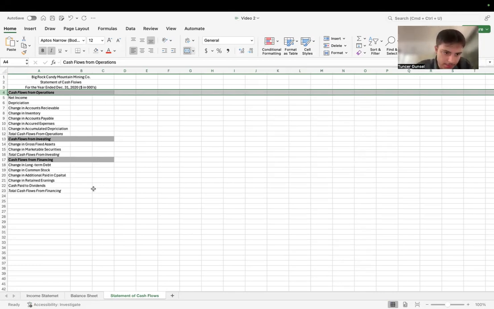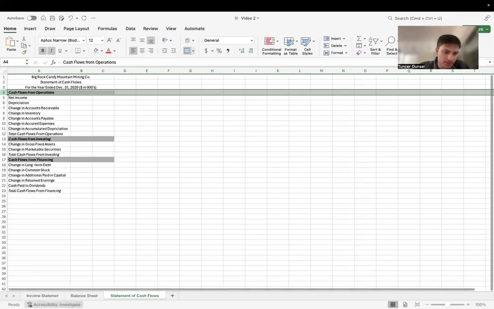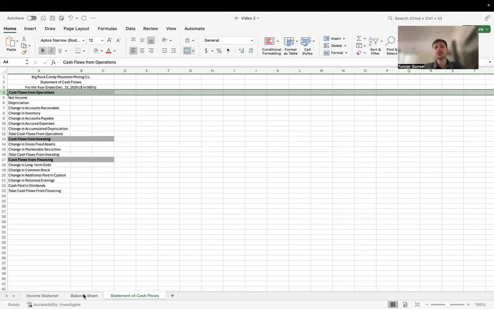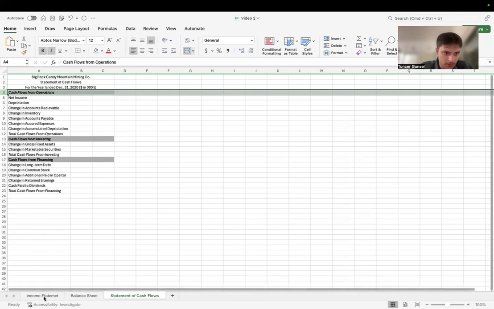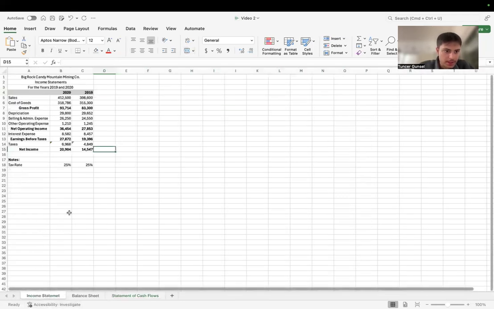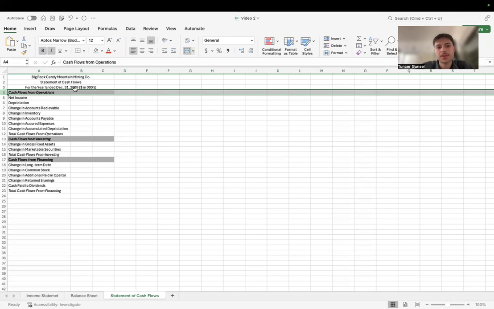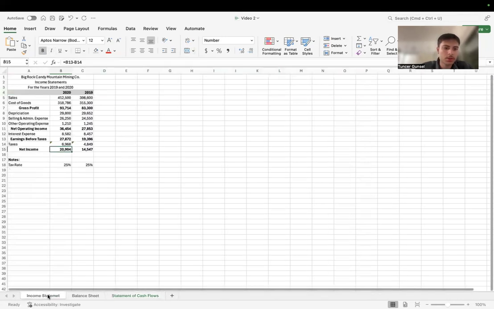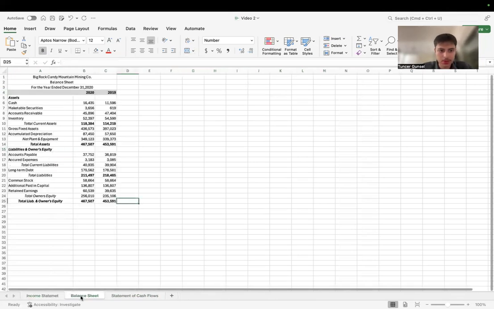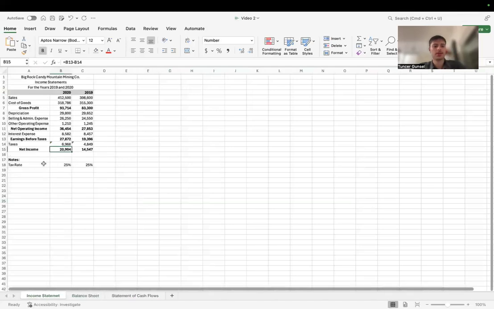We don't have any numbers here. As you can see, we're going to get the numbers from the income statement and the balance sheet that we did before. By the way, the statement of cash flow is for the year 2022, so we're going to use only the information from 2022 in both sheets.